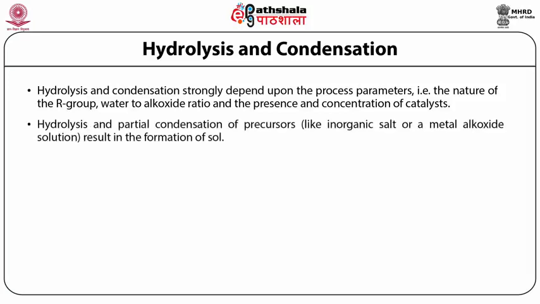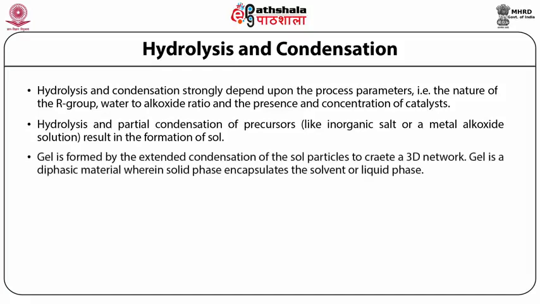Hydrolysis and partial condensation of precursors like inorganic salt or a metal alkoxide solution result in the formation of sol. Gel is formed by the extended condensation of the sol particles to create a 3D network.